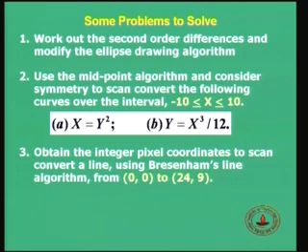The third problem is to obtain the integer pixel coordinates to scan convert a line using Bresenham's line algorithm from 0, 0 to 24, 9. If you see the starting point and end point, which quadrant is this line going to lie in?